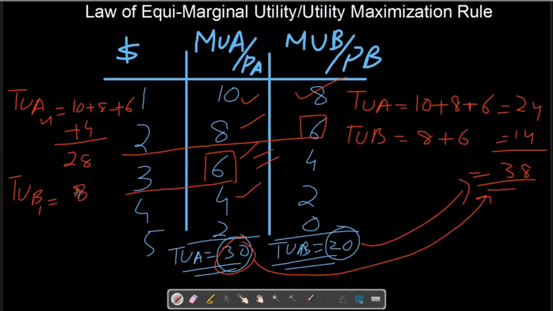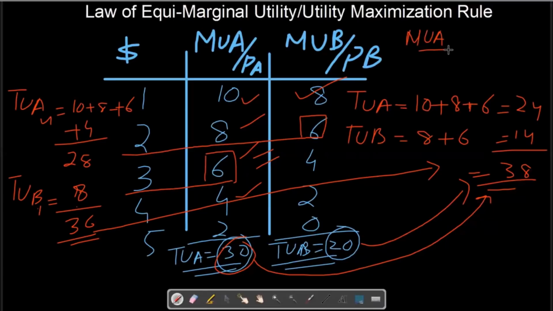So if we add 8 and 28, then his total utility is 36. So again, it is less than 38 units. So from this table, we prove that there is no other way to get satisfaction of more than 38 units. The only combination which maximizes his utility is spending $3 on A and $2 on product B.